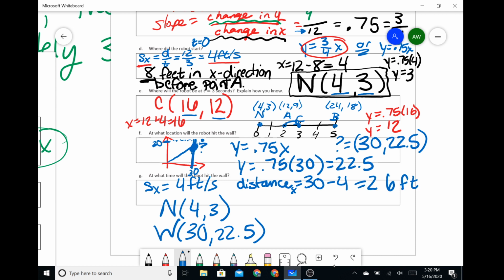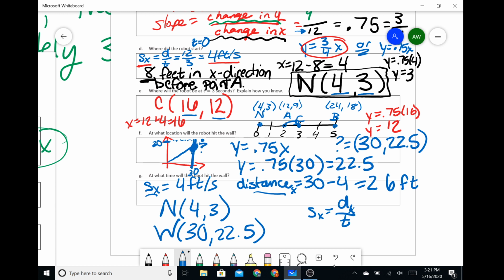So we can plug our speed and our distance into our formula for speed to figure out the time. The formula we have is speed is distance over time, right? So if we have to solve for time and we have speed and distance, we can use this formula because we have 2 out of the 3 variables.